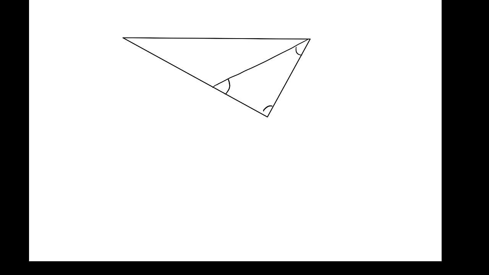The portions we have here: this angle is going to be 2x degrees, this one is going to be 28, this one is going to be 28, and this side is going to be 4y. And we are going to find the values of x and y.